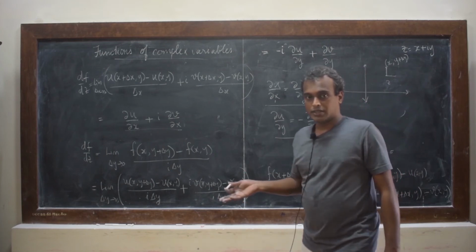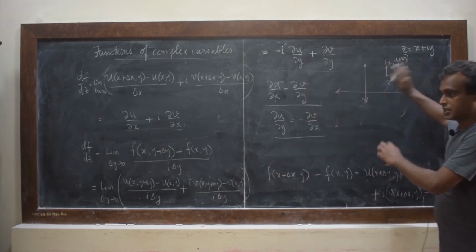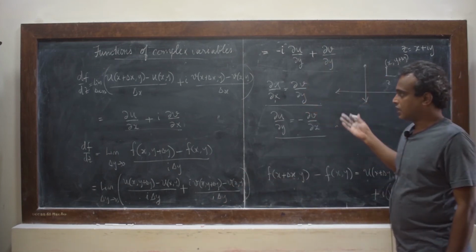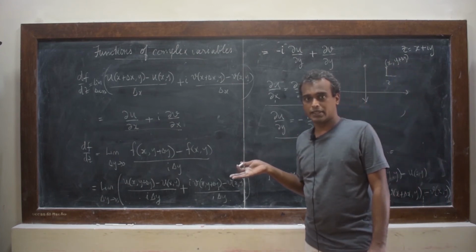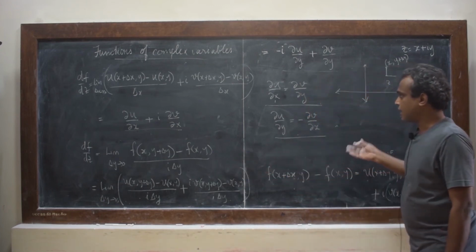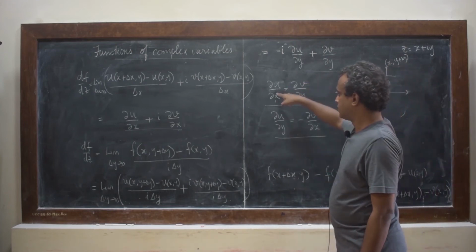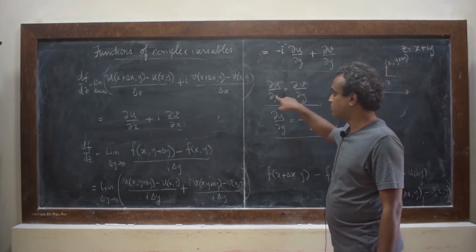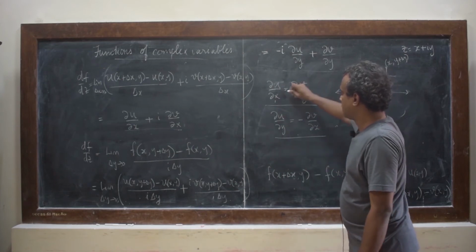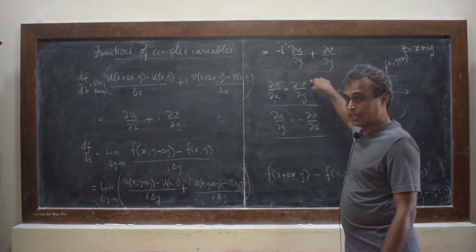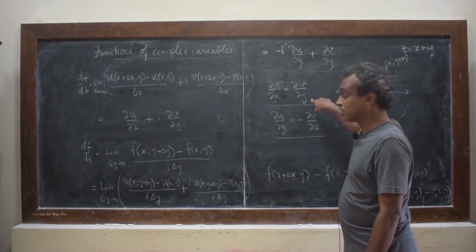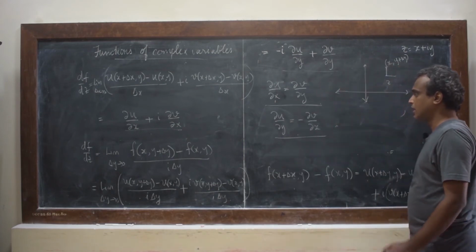So, now we have learnt that in terms of the Cartesian variables, the condition of a function being differentiable translates into two conditions: that the partial derivative of u with respect to x must be equal to the partial derivative of v, the imaginary part of the function, with respect to y, the imaginary variable.